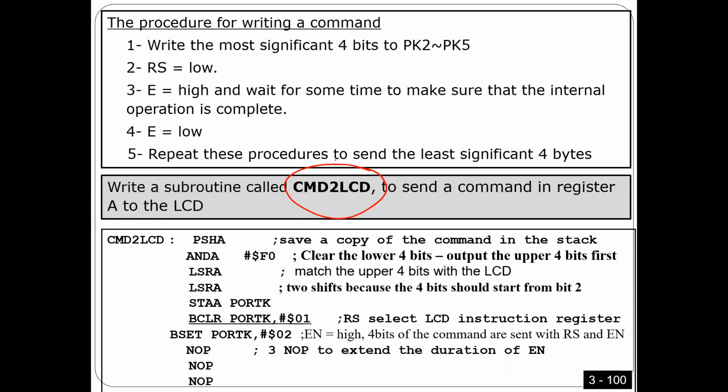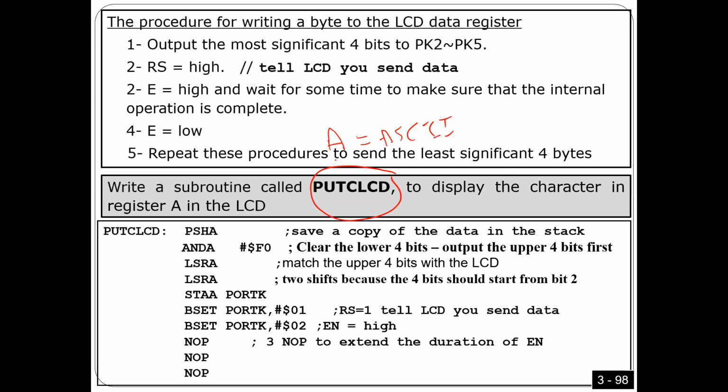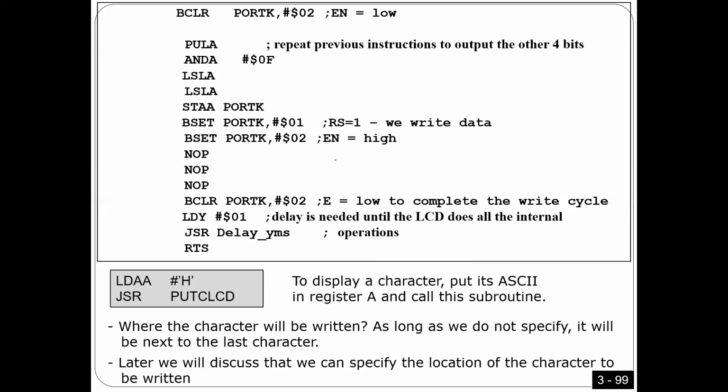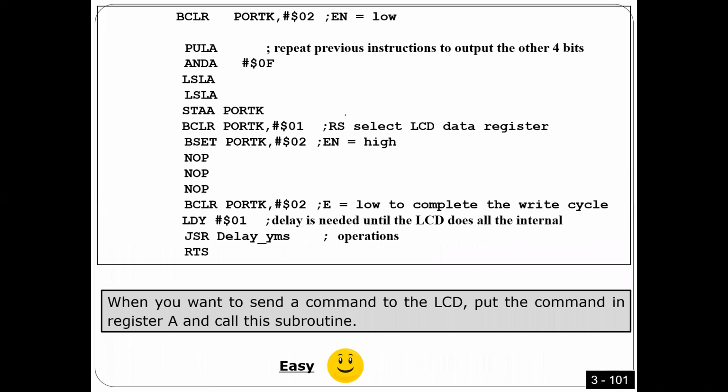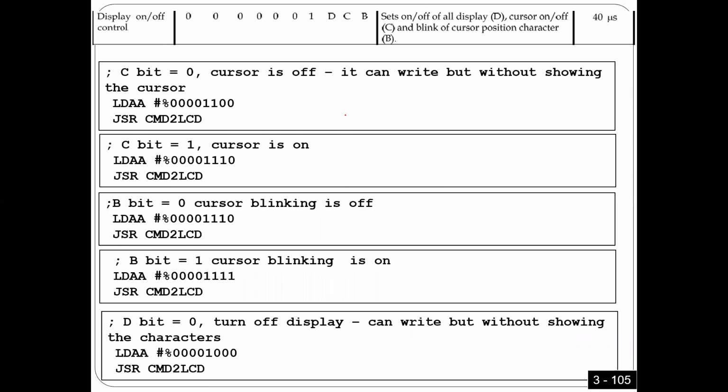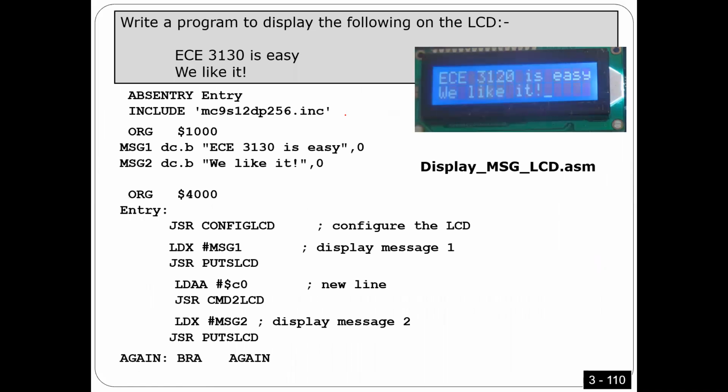Similar to put character LCD, before you call this function, you have to put the code in register A. For example, if you want to clear the LCD, the code is 01. I already taught these codes last time. So the way you use this one, guys, is just put this code in register A, and then call this function. This function is going to run this code.